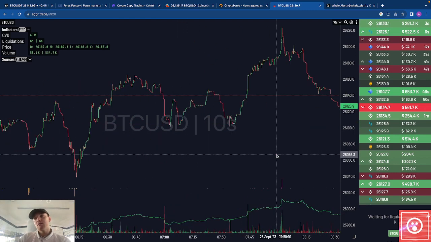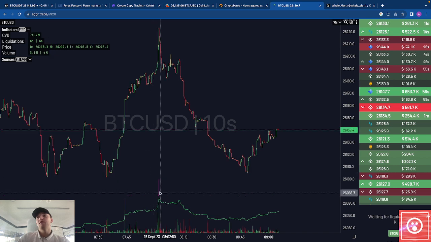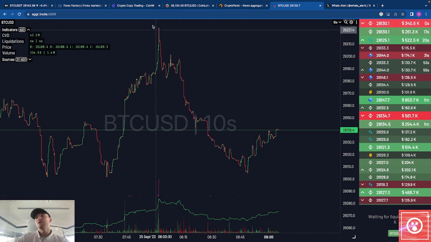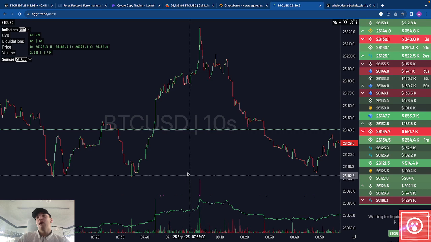So basically, what I like to use, especially when I see a lot of liquidations happening, I like to trade those liquidations. So basically, over here, all these shorts were getting liquidated here, and then you see we turn down to the downside, right? So you could have actually taken a short there and played with that.